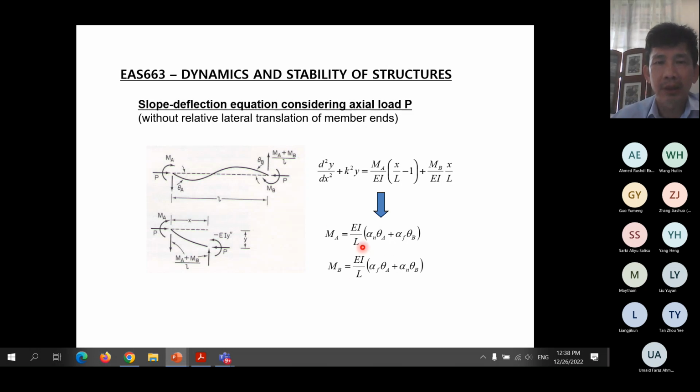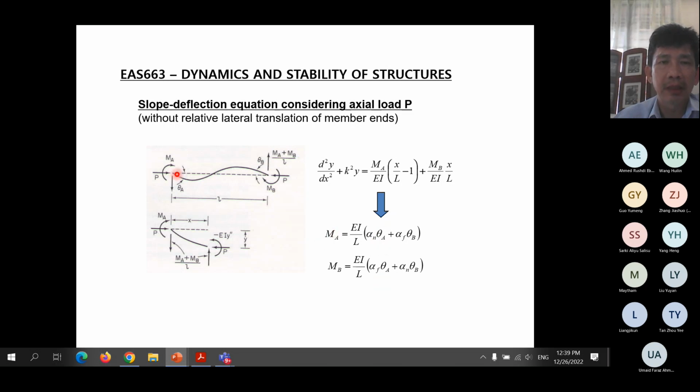And these equations here is relating the end moment at both ends here to the end rotations at both ends. So that set of equations is given by these two equations as shown here.